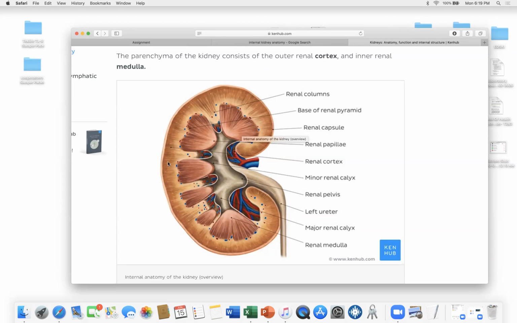Now, once all that blood, from the red, once it goes into all the capillaries here in your cortex, all the blood gets filtered of all the excess things that your body doesn't want, and then all the clean blood goes back into the system into your renal vein.